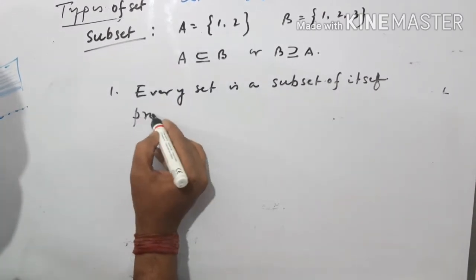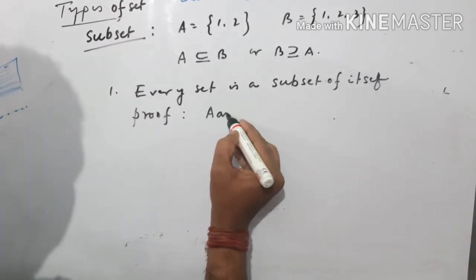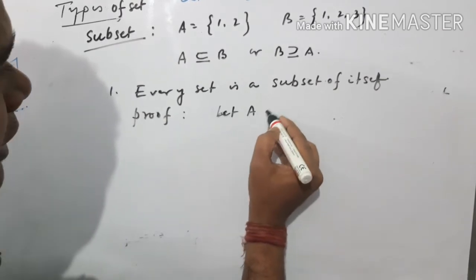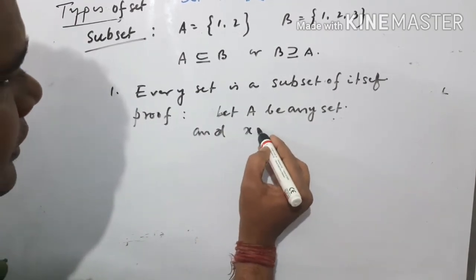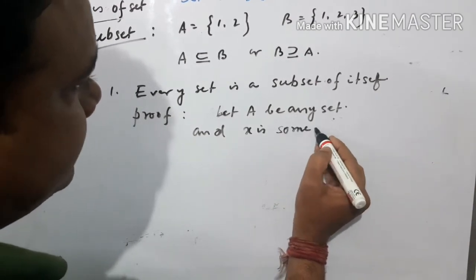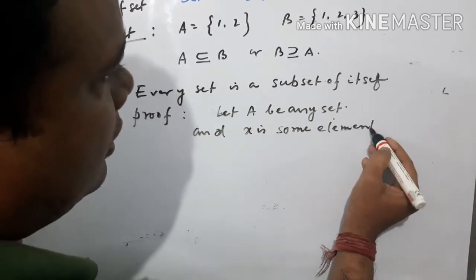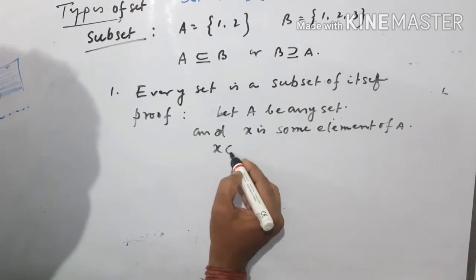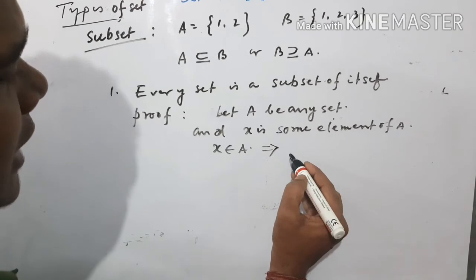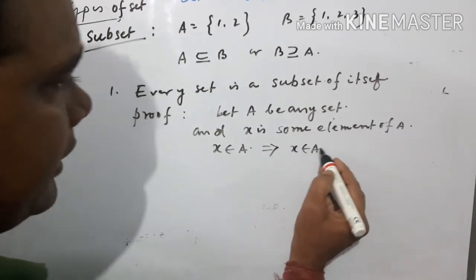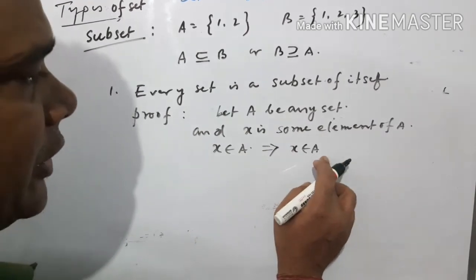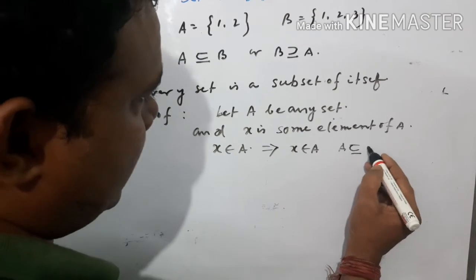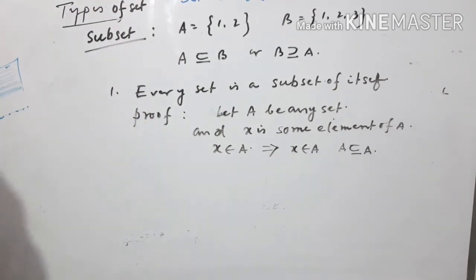So for the proof we can say, let A be any set, and X is some element of A. So what we can write, X belongs to A, and this implies that X belongs to A. So every element of set A is an element of set A. Therefore we can say that A is contained in A. So this proves that A is a subset of A. That means every set is a subset of itself.